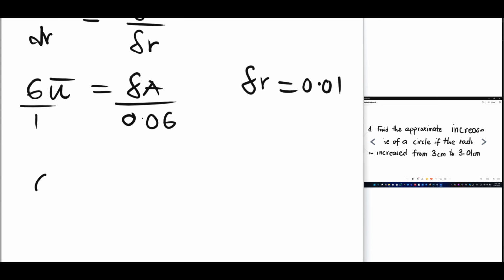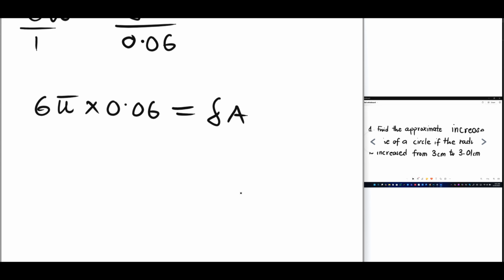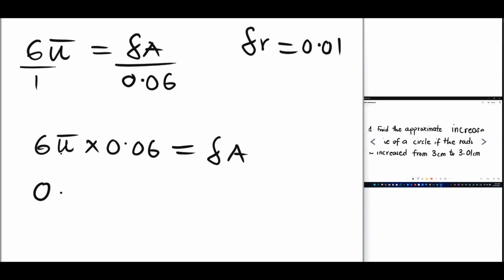So here we are going to get it as 6 pi times 0.01 equal to small change in what? A. Oh, sorry, here is 0.01.